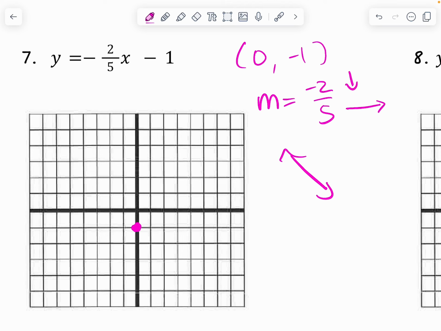I'm going to go to the right 5. 1, 2, 1, 2, 3, 4, 5. Could I have gone up 1, 2, and to the right 5? 1, 2, 3, 4, 5. Yeah. As long as you come up with a negative slope.